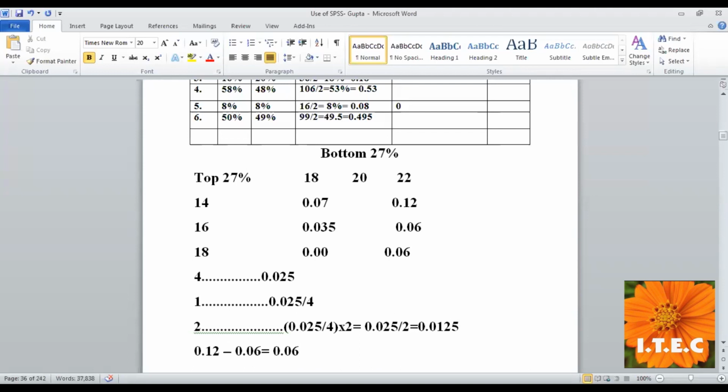0.0125. And now, my dear friend, when you are going from 18 to 22, the values are increasing. Now I have to add. Now this value is 0.035, and I have to add 0.0125, and that becomes the value here.